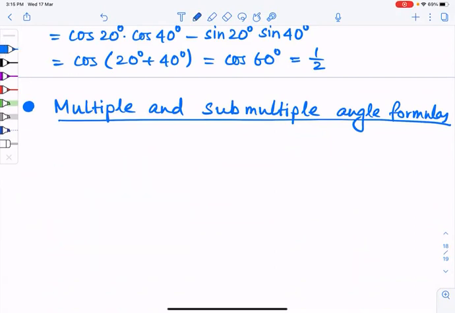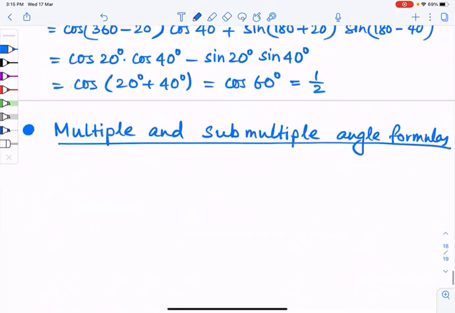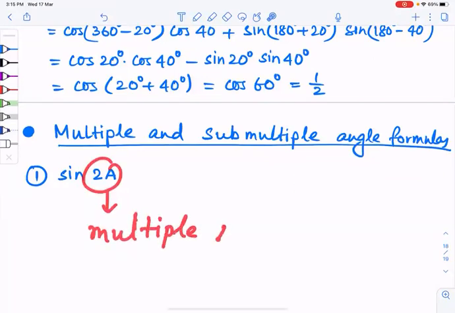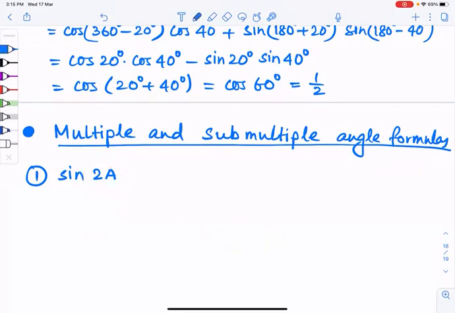For this type of angle, what are the formulas? Number 1, sine of 2a. 2a is a multiple of a. What multiple? Twice of a. Okay, sine 2a is 2 sine a cos a.